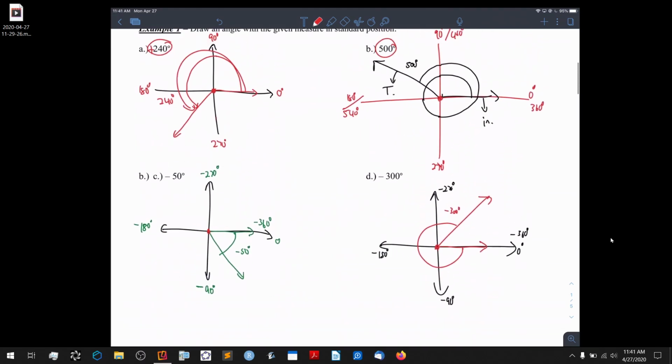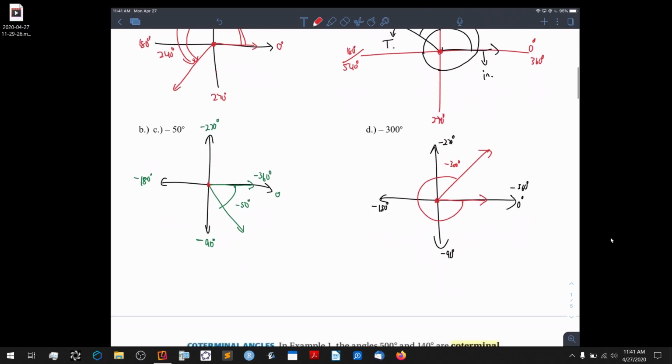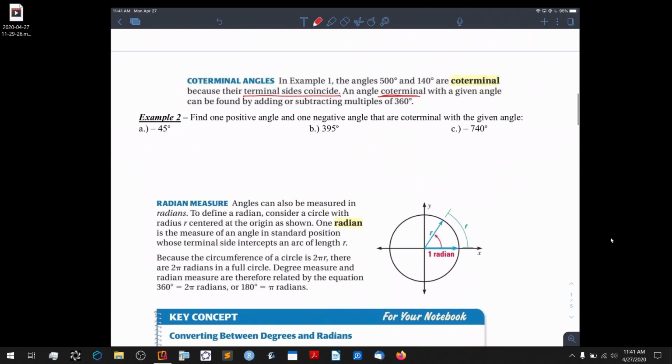You can find coterminal angles just by adding or subtracting multiples of 360. But let me show you a picture of what this means.